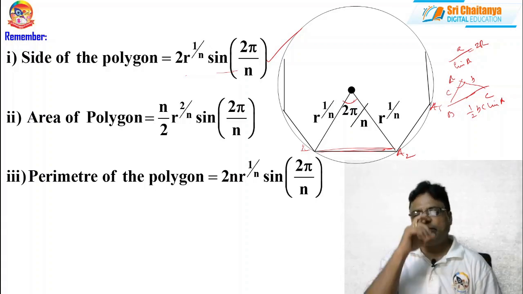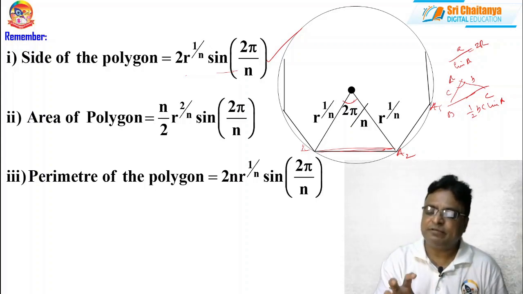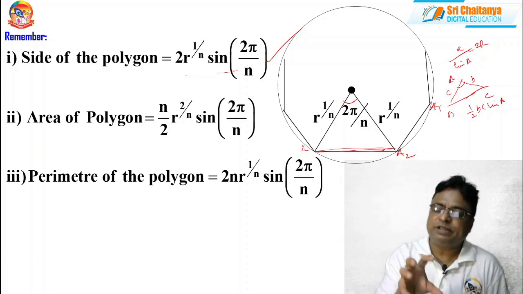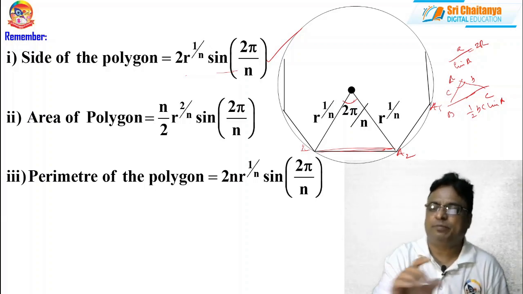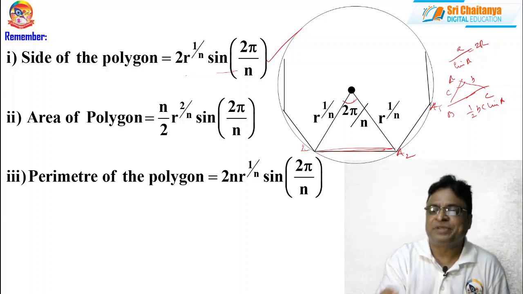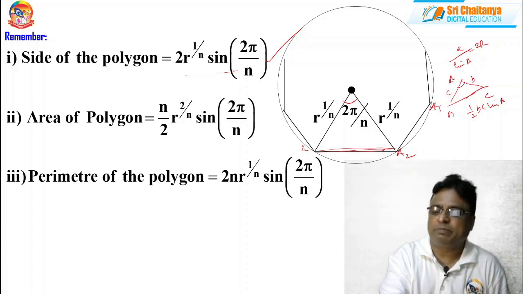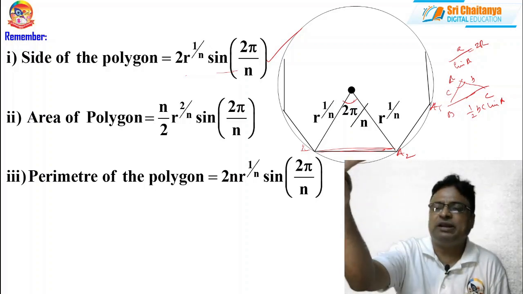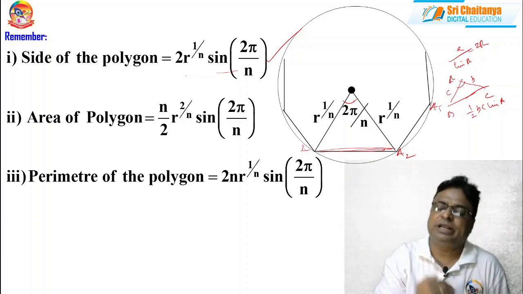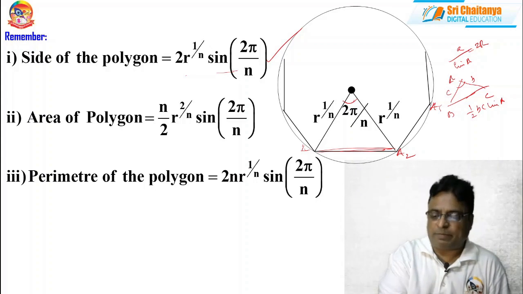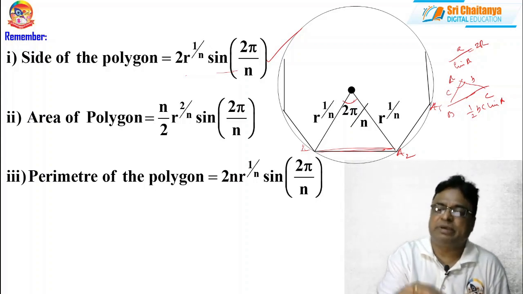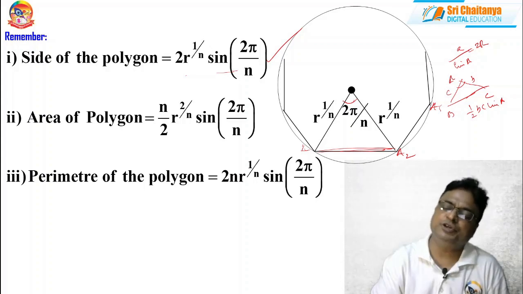Finally, what I am going to say is, whenever you find the n roots of a complex number, the main concept is this: first, write the polar form of the complex number, add 2k pi, the general value, to the angle or amplitude of that complex number, and now multiply the corresponding angle by 1 by n. You will get the n roots of the complex number, where k runs from 0 to n minus 1.